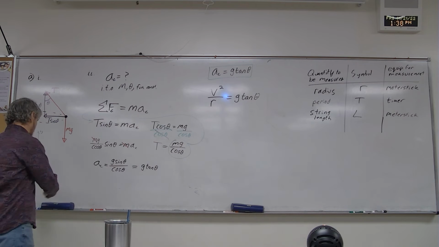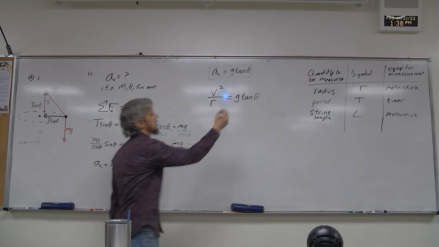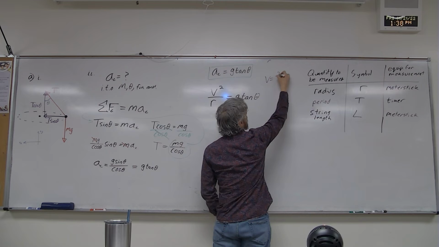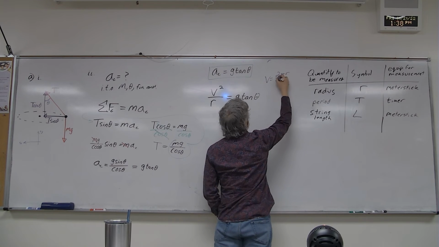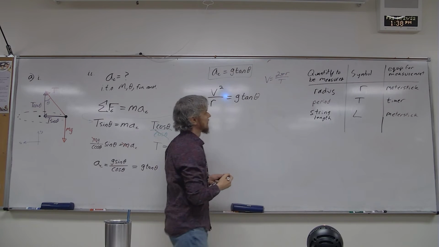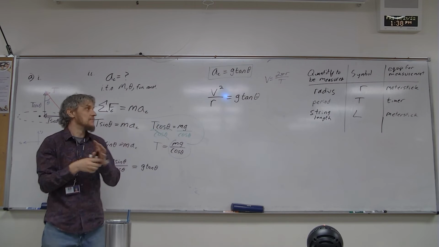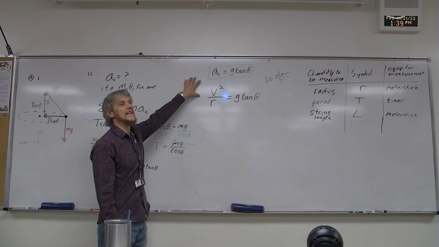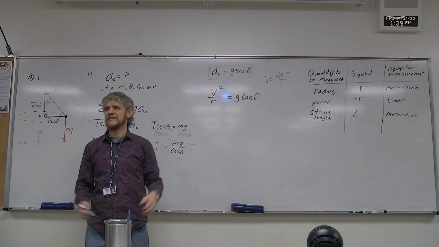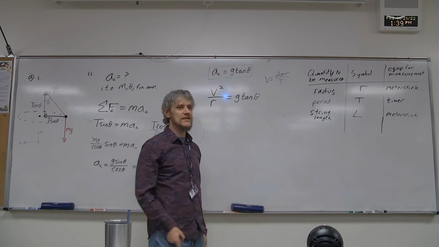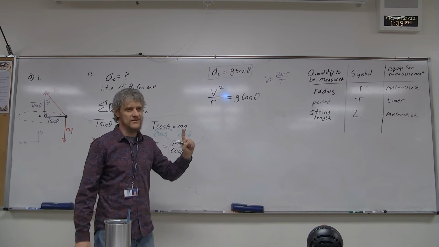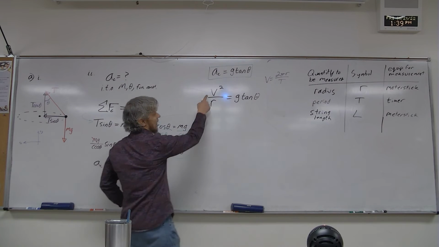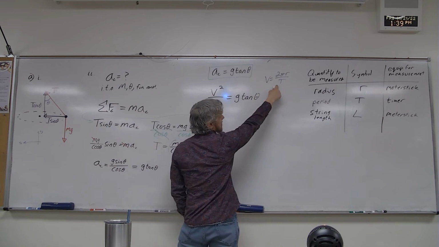And then I have to remember that v is 2 pi r over the period. Remember, I'm condensing it down. I'm doing what I talked about, the measurements that I would have to make, and now I'm actually deriving the equation that I would put the measurement values into to determine what g was, right? So then I'm going to have v squared, so it's going to be this guy squared.